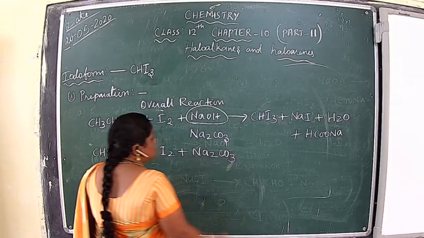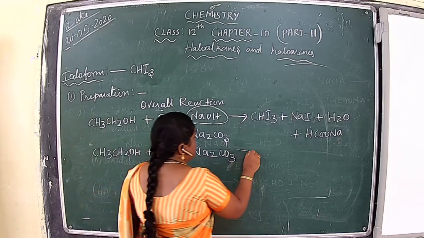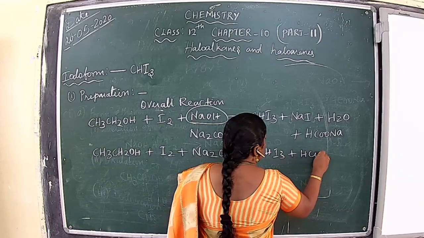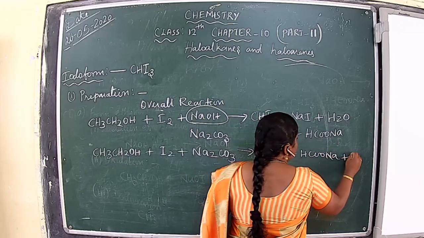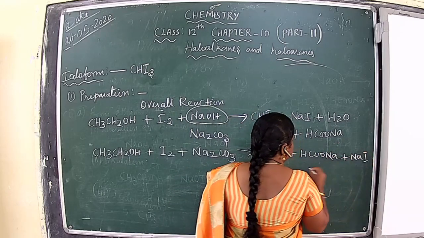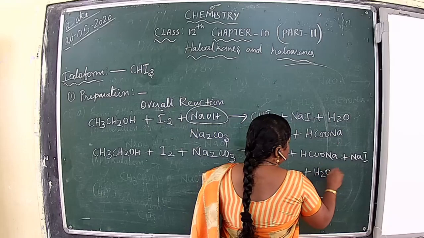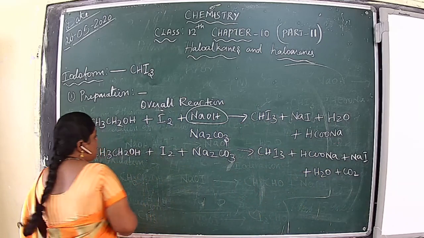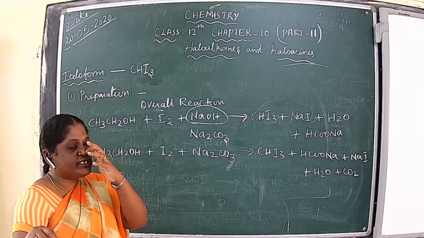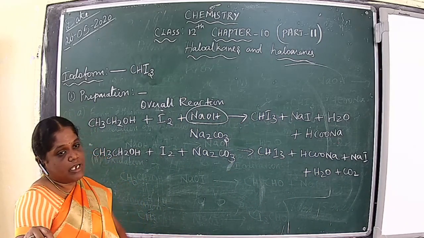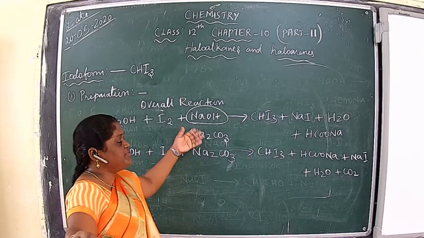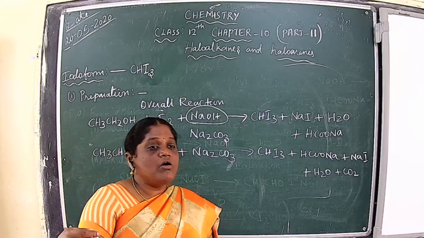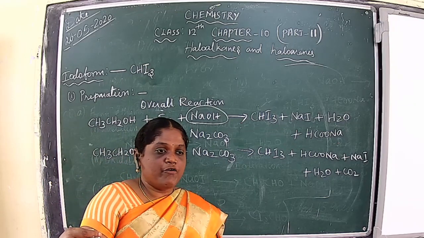Then we get CHI3 plus HCOONa plus NaI plus H2O plus CO2, because it is a carbonate, and carbonate liberates carbon dioxide. So instead of NaOH we can take sodium carbonate. From sodium carbonate also we can prepare iodoform.